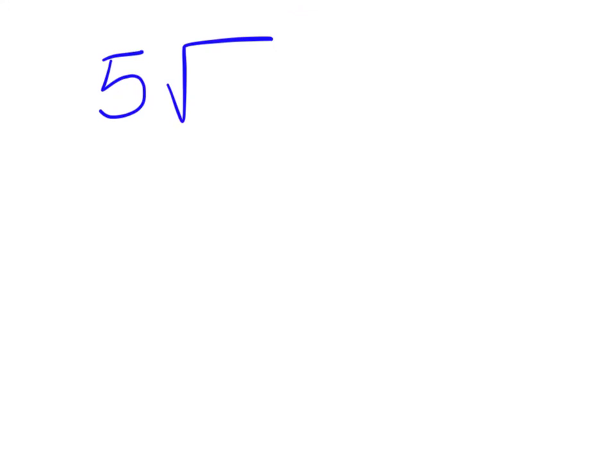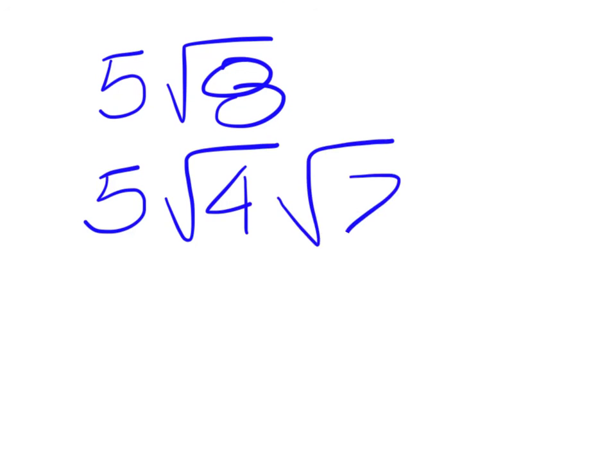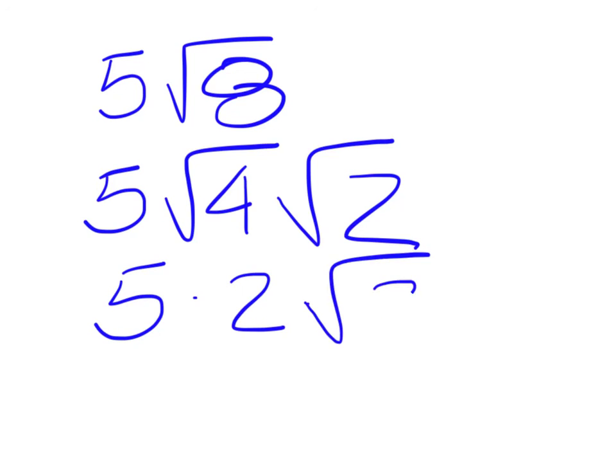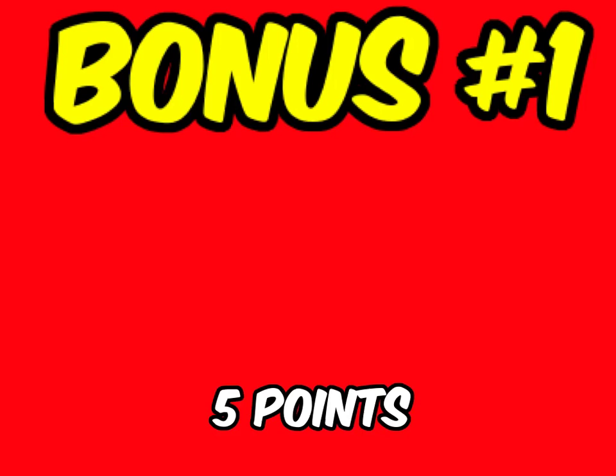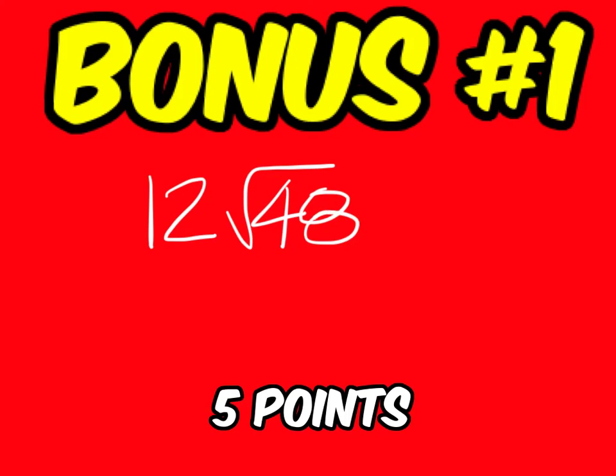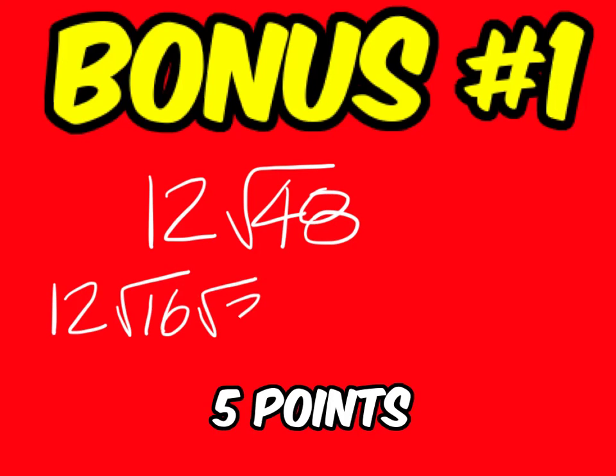5 square root of 8. That 8 breaks up as 4 and 2. That's where the 10 square root of 2 came from. The bonus problem breaks up as 16 and 3.